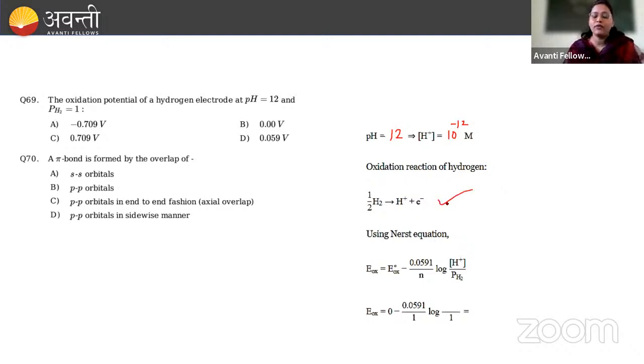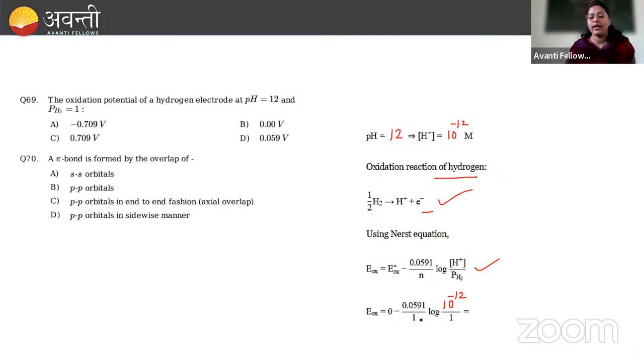We know the formula, we know the oxidation reaction which will take place at the hydrogen electrode. Okay, at the hydrogen electrode, in this way the electron is going to be lost. So using the Nernst equation, we know this Nernst equation, H plus ion concentration divided by what? Pressure of H2 gas. So that is 1. And what is the H plus ion concentration? 10⁻12. Okay, so that is our log.